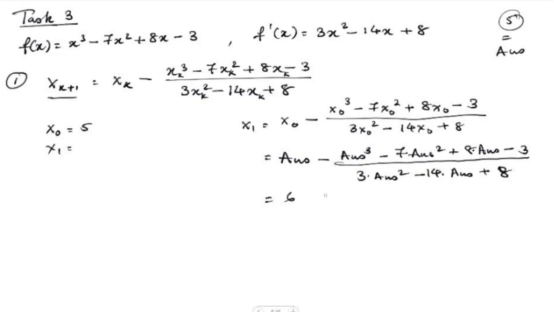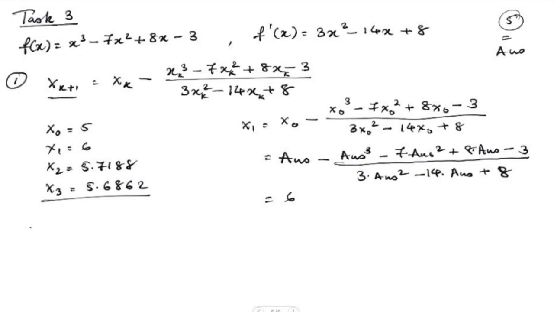Now again, if you press equal to, you will get the value for x2. So x1 is 6, x2 is 5.7188 and x3 is 5.6862. We are supposed to do 3 iterations according to the question.